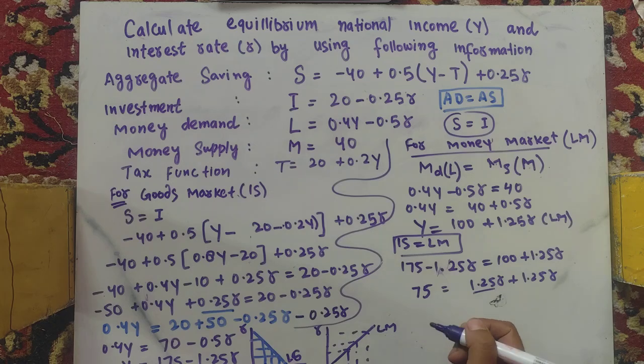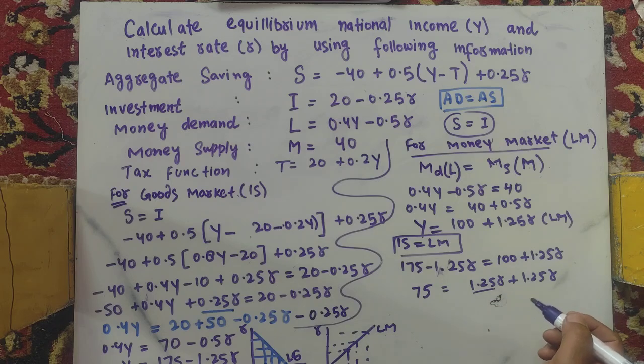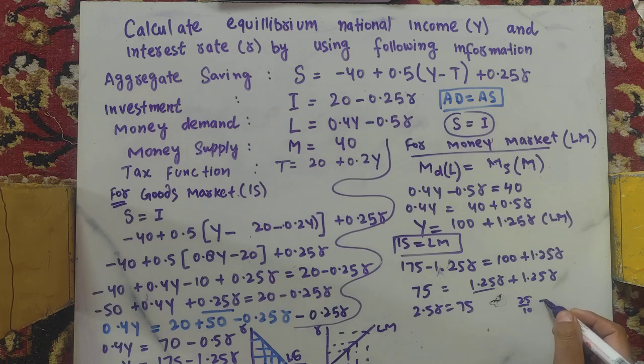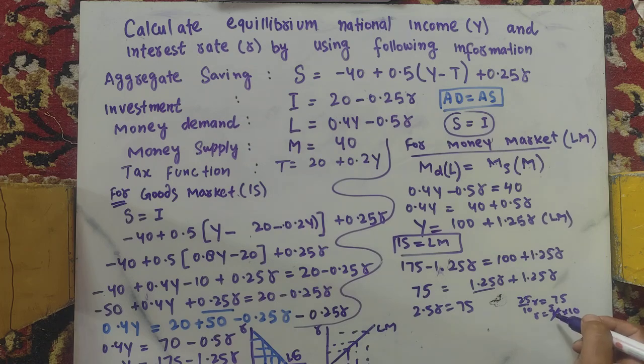So we have 2.5 r is equal to 75, or 25 divided by 10 r is equal to 75, so r will be equal to 75 into 10 upon 25. 25 ones are 25, 25 threes are 75, so 3 tens are 30.